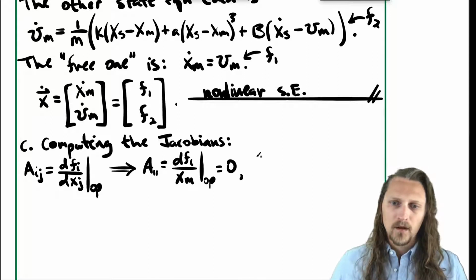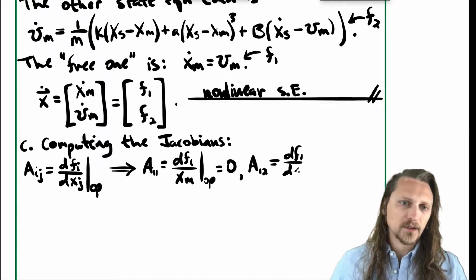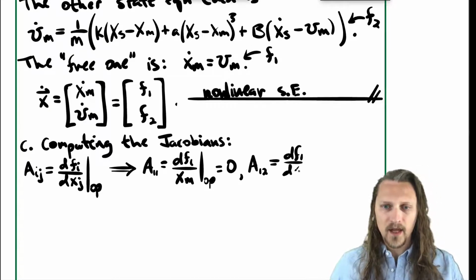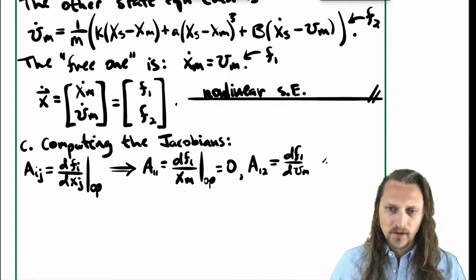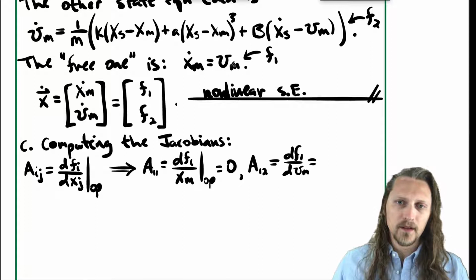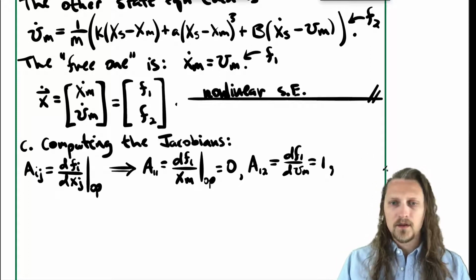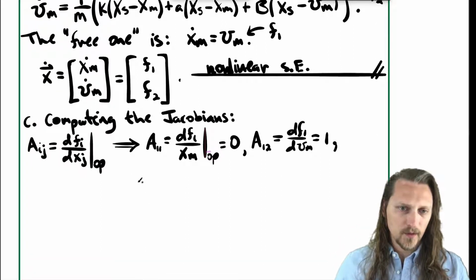We also know that A12, which is df1 d, and now x2, the second state variable, is vm. So that's equal to dvm/dvm, which is just 1. So 0 and 1 are the first two components.